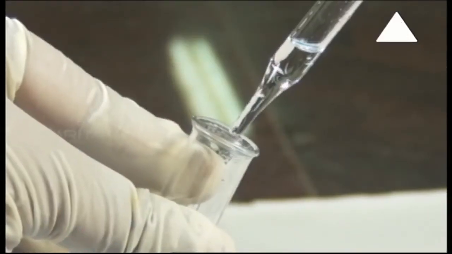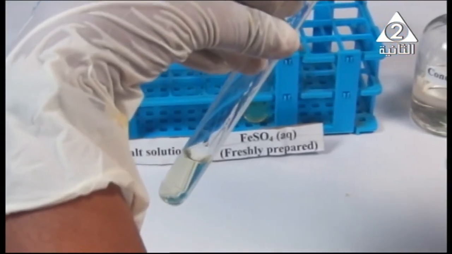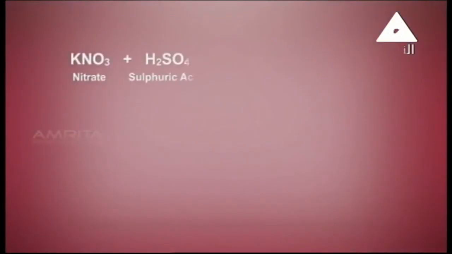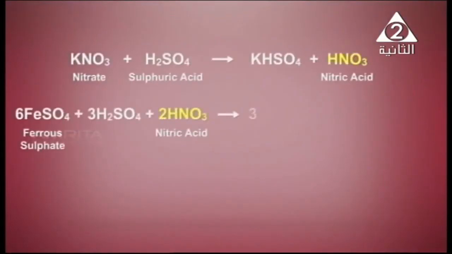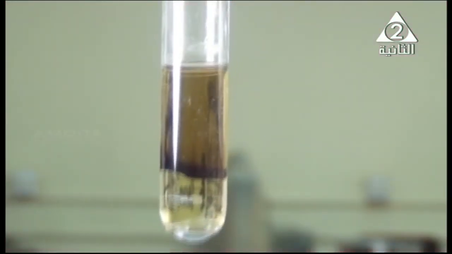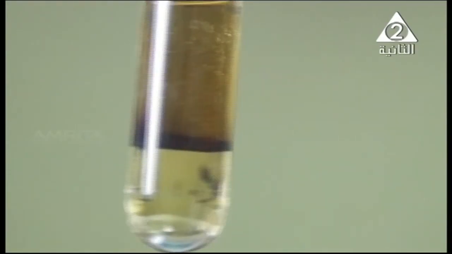The reaction starts and forms, good, FeSO4 plus H2SO4 plus 2HNO3. This is the brown ring. You see the brown ring?